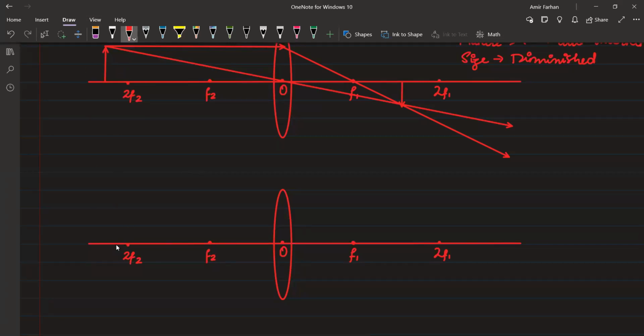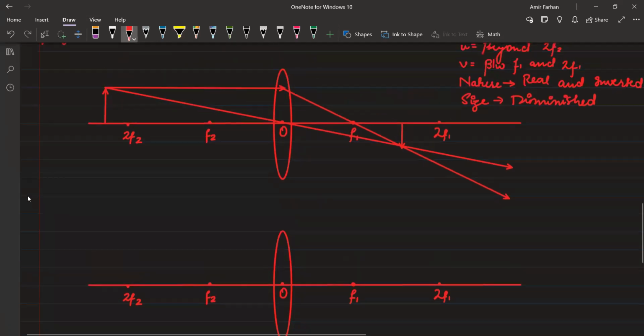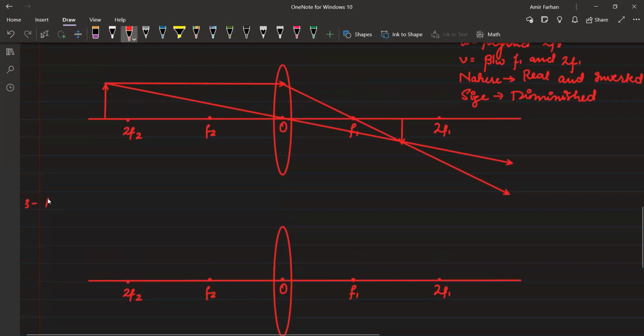Now the object was beyond 2F2. Next, the object will be at 2F2. The first ray should be parallel to the principal axis and it will pass through which point? F1.